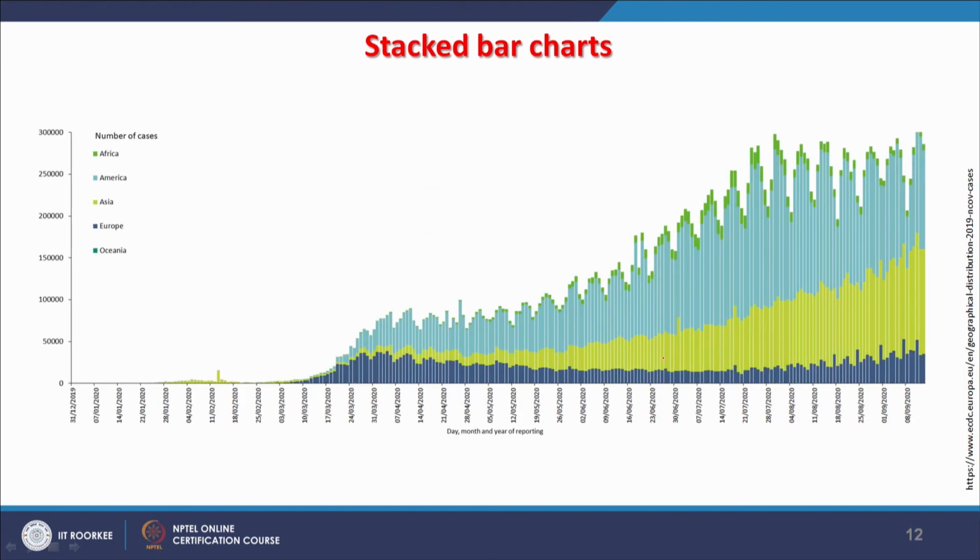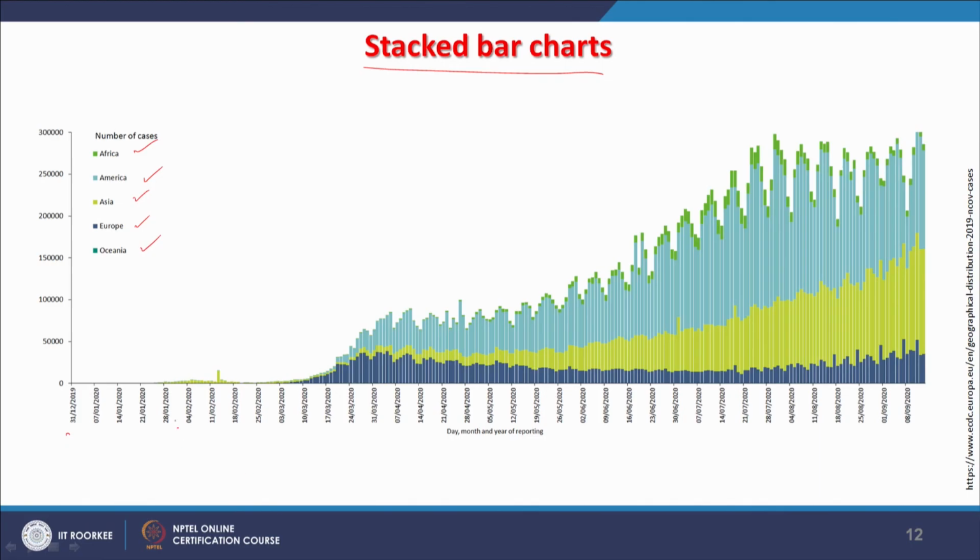So it depends on the data. If you have time series data, which is date data like here, then stack bars again are preferred, and this is the example I am bringing from the corona period. So what were the cases in Africa, America, Asia, Europe, Oceania, and how things have been changing.